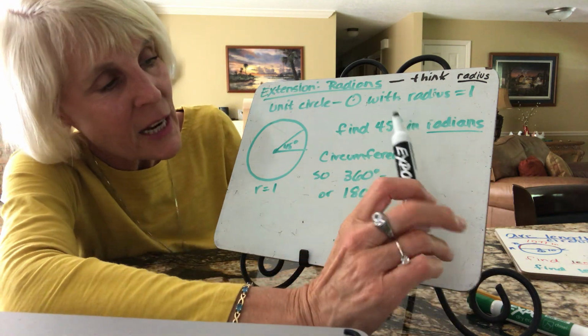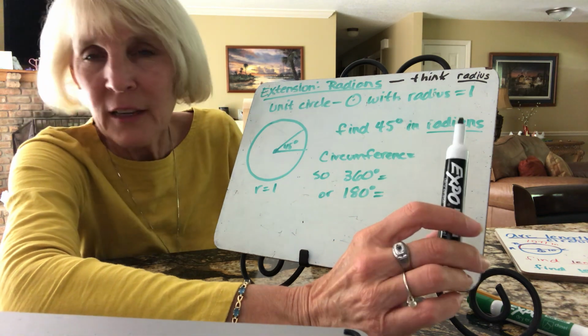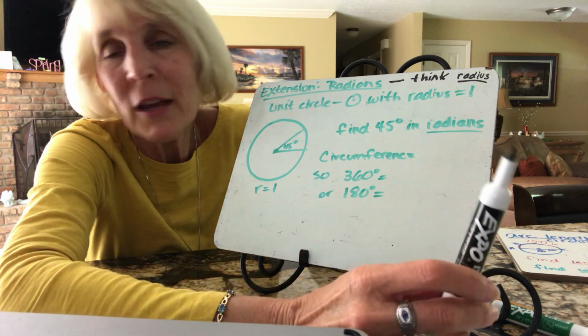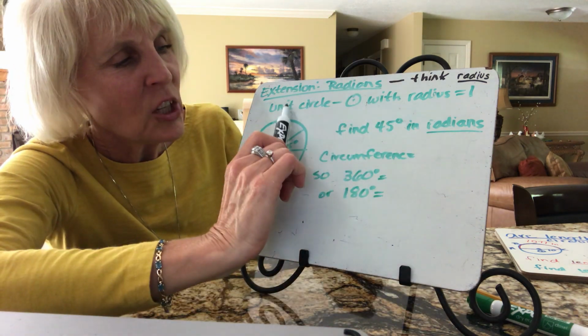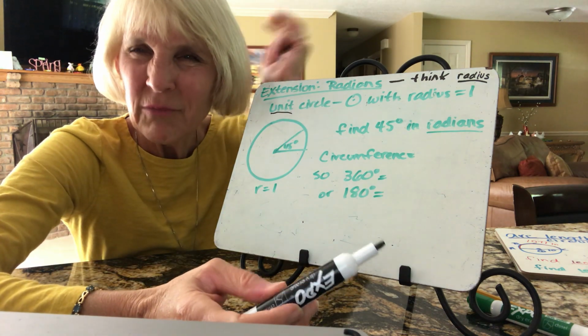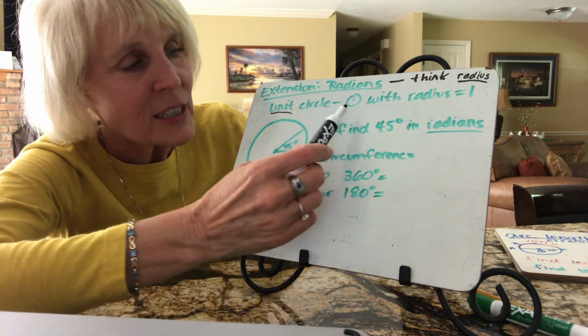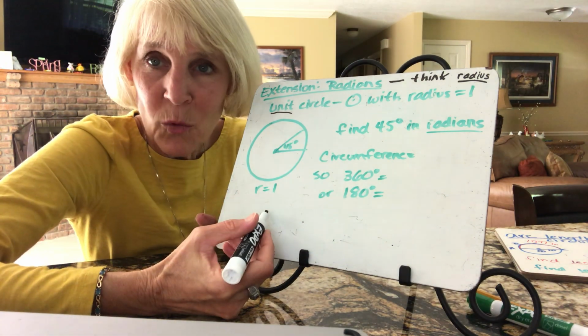So if I wanted to say, let's find 45 degrees in radians. Now we're just saying, I'm just measuring it in a different way, okay? So if I am looking at a unit circle, unit means what? Units place. And you got ones place. So if I say, okay, I want the unit circle, we're really just talking about a circle where the radius is 1.